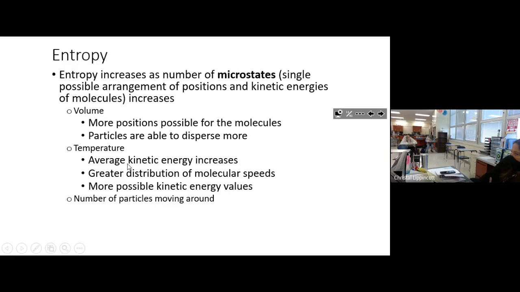Temperature: if our temperature increases, then they're able to go faster. They're able to move and have a greater distribution based on those molecular speeds, and there are more possibilities for your kinetic values. And then the number of particles moving around.